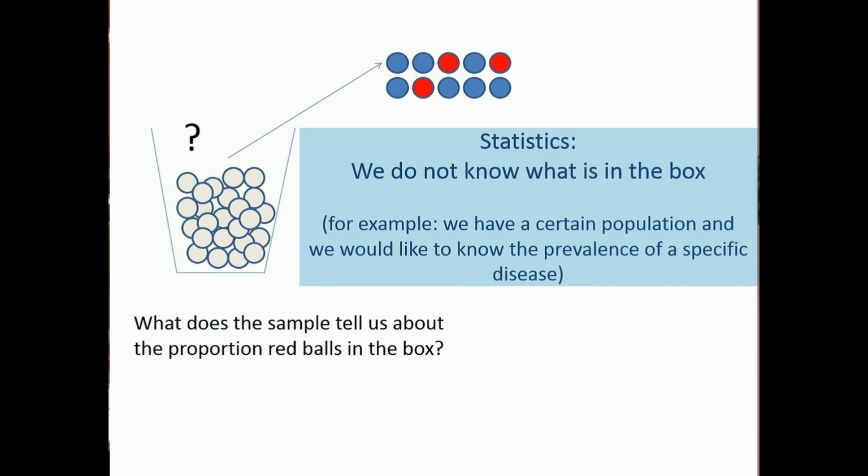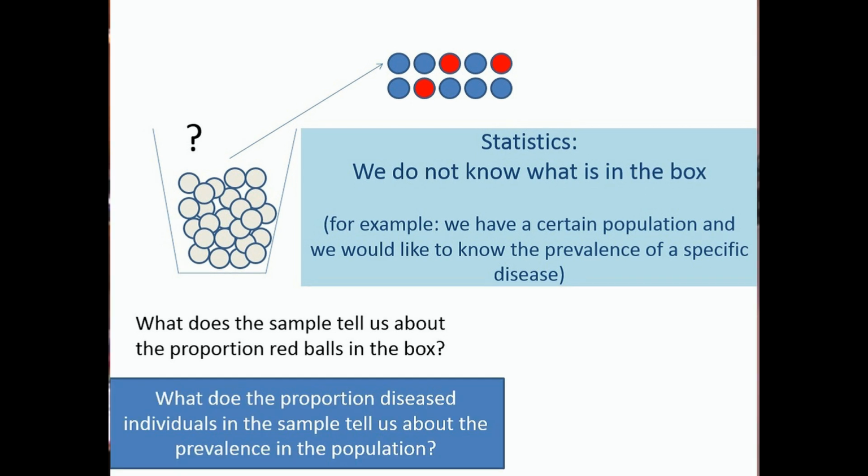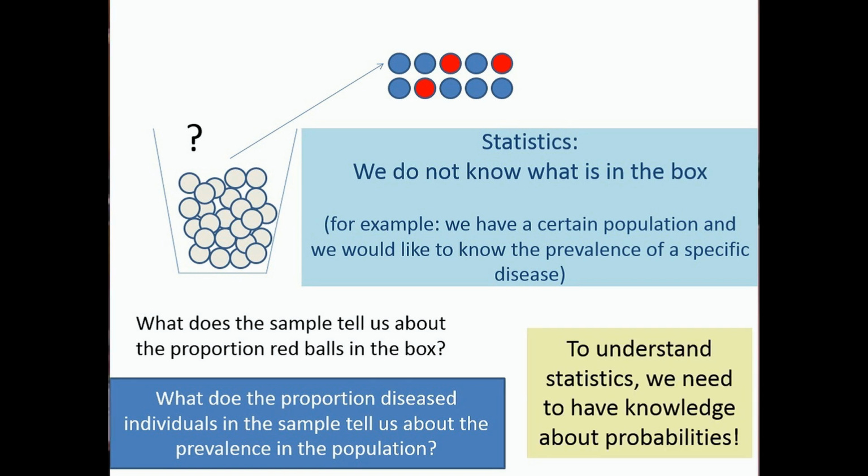What does this tell me about the proportion of red balls in the box? What does the sample give me for information about the prevalence of the disease in the total population? To understand statistics, we need to have knowledge about probabilities.